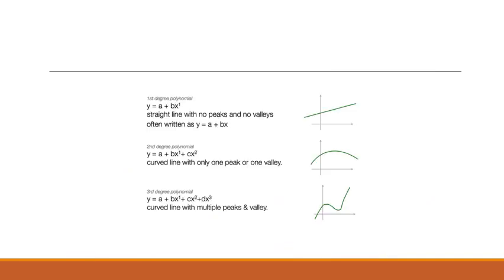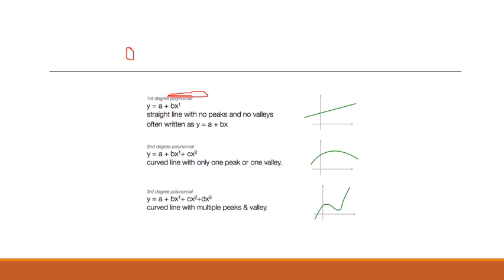Here I also explain by a figure what the first degree equation is. I already explained that in a first degree polynomial or first degree equation, the highest power of the independent variable is 1. It is a straight line with no peaks and no valleys, often written like this.